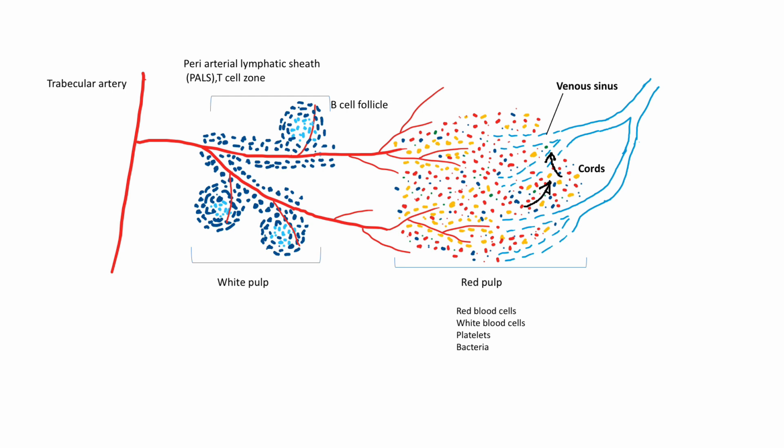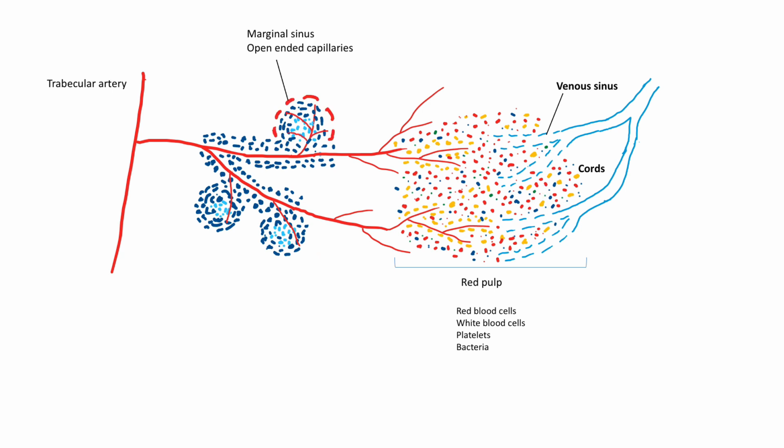Old and damaged red blood cells that cannot deform and cannot pass through these channels are then phagocytosed by macrophages present in splenic cords, and any bacteria present in splenic cords are also phagocytosed by macrophages.